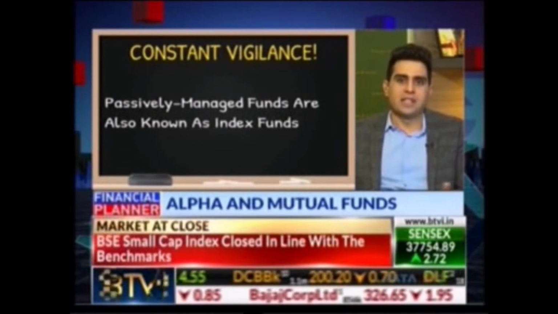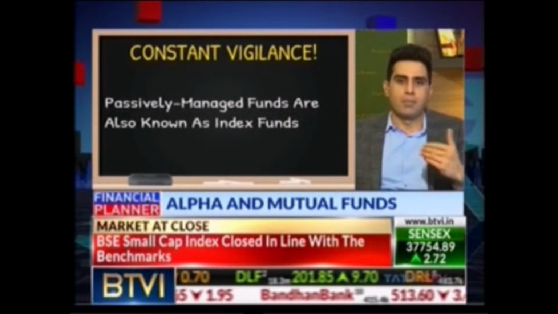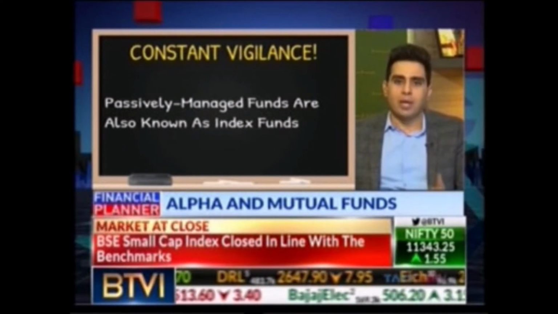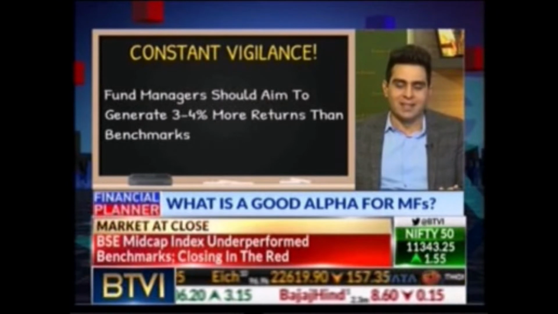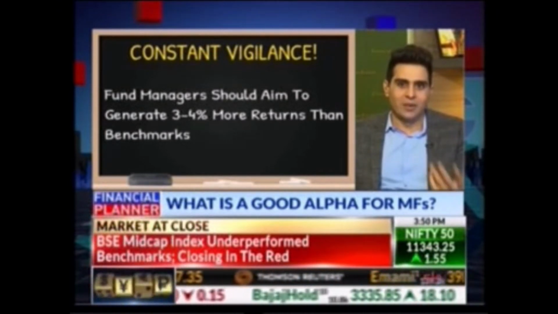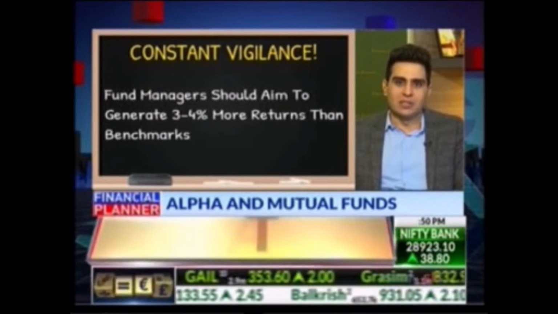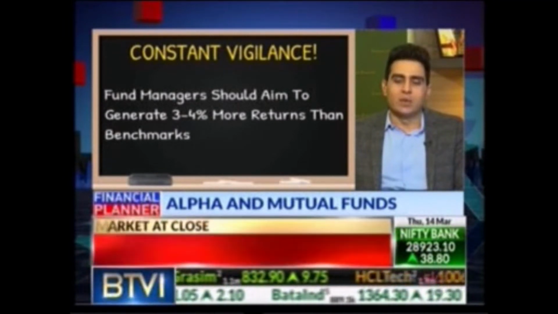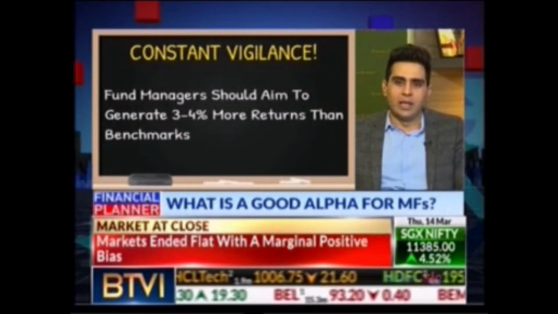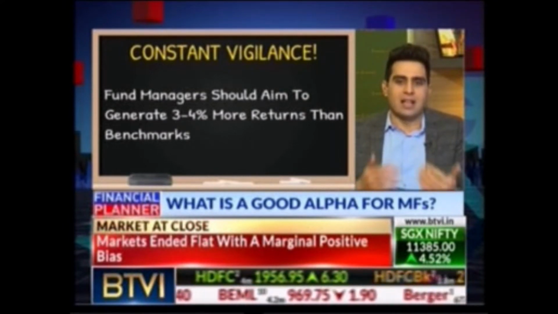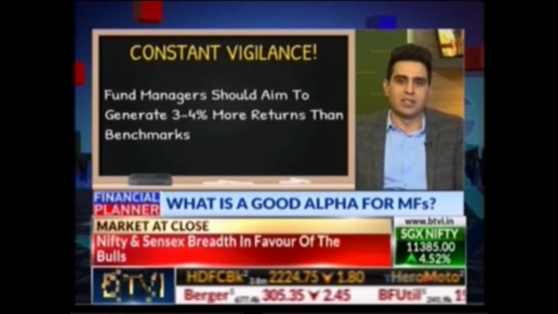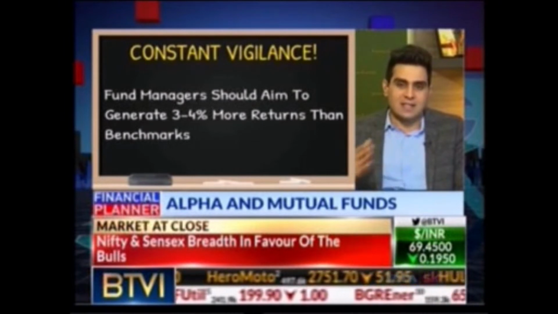So 3 to 4% every year, you should ideally make more than the benchmark, because your fee is 2%. So if you don't make twice your fee as the excess return, which the fund manager uses his or her capability to generate, it would be unreasonable. As an investor, I would definitely expect a 3 to 4% alpha consistently.